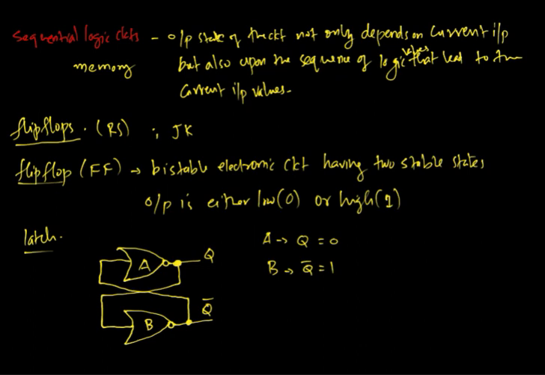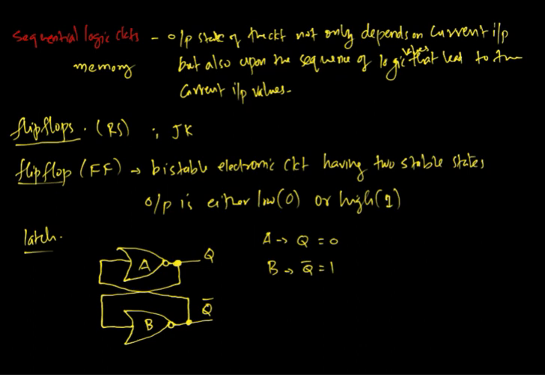Now the output of B, that is Q bar, is the input of gate A. So when Q bar is high, the input of A is high. So if the input of A is high, then the output of A will be 0 itself. Thus this circuit is in a stable state.